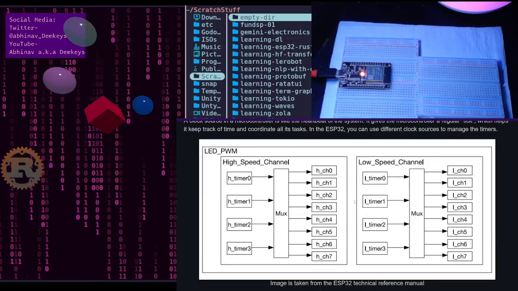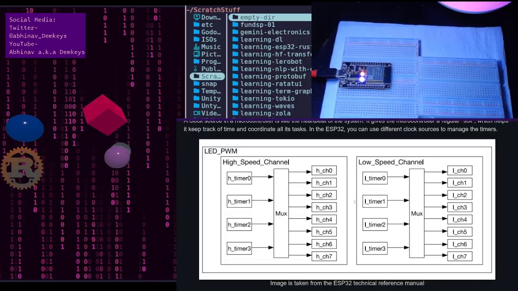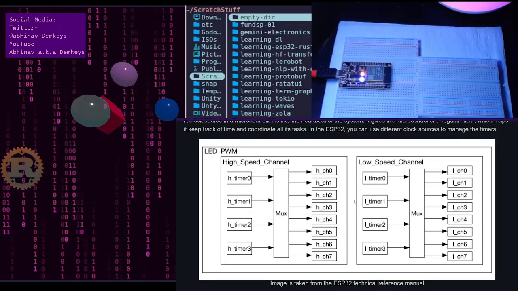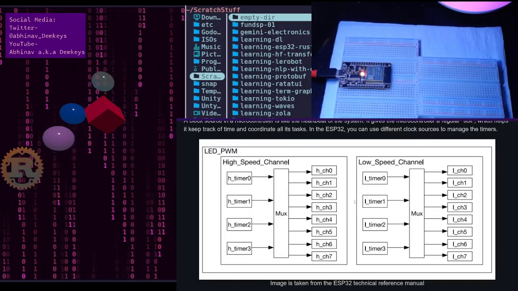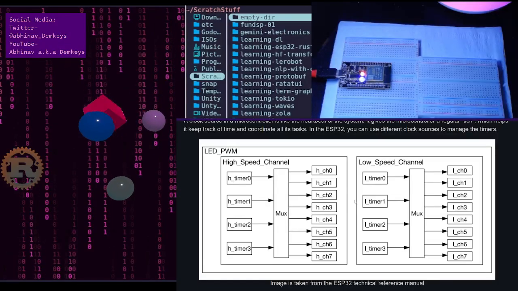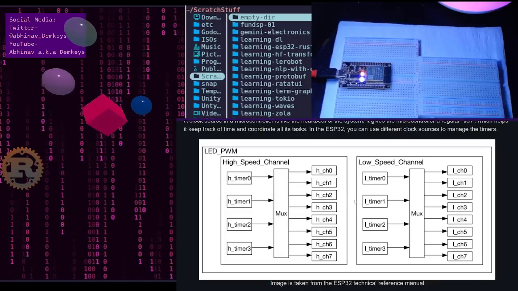Okay, I'm learning about the ESP32's LED PWM hardware.